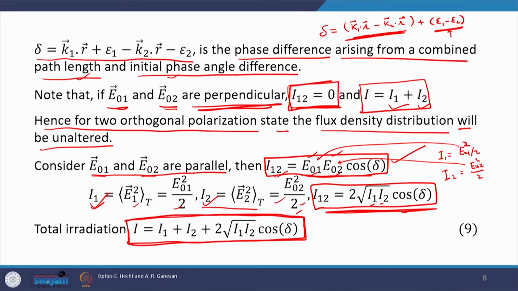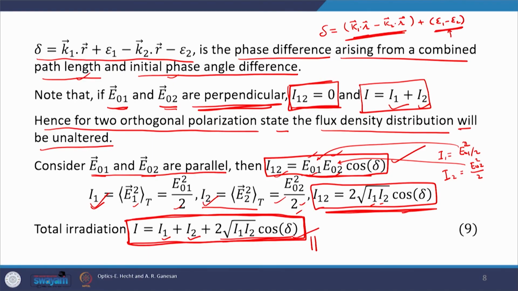In this resultant expression, where the polarizations are parallel, the first term is I1, the second term is I2, and we have an added term which is 2 square root of I1 I2 times cos delta. The cosine function means there would be a sinusoidal variation.